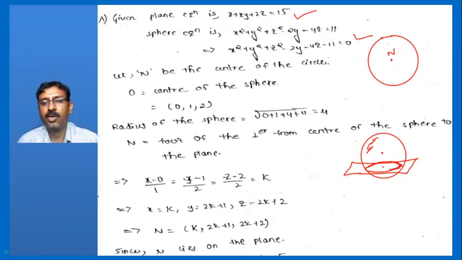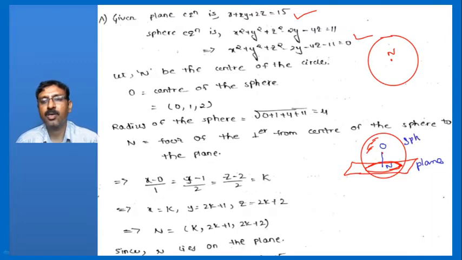Let O be the center of the sphere, N the center of the circle, then N is the foot of the perpendicular from O on the given plane.